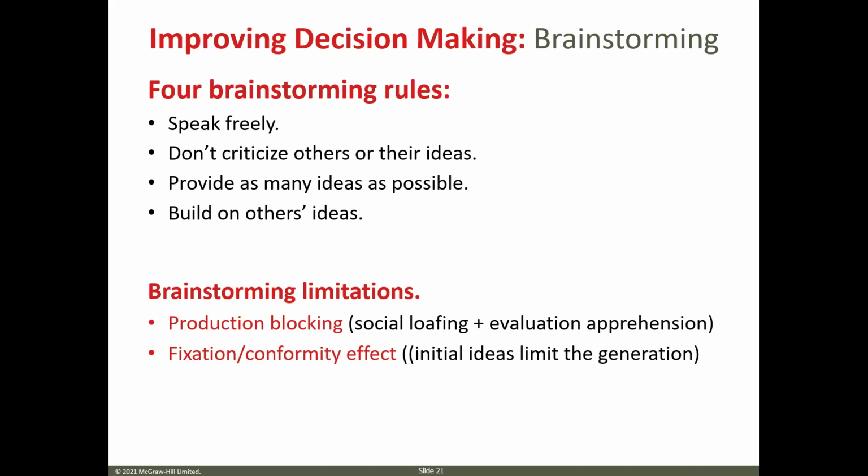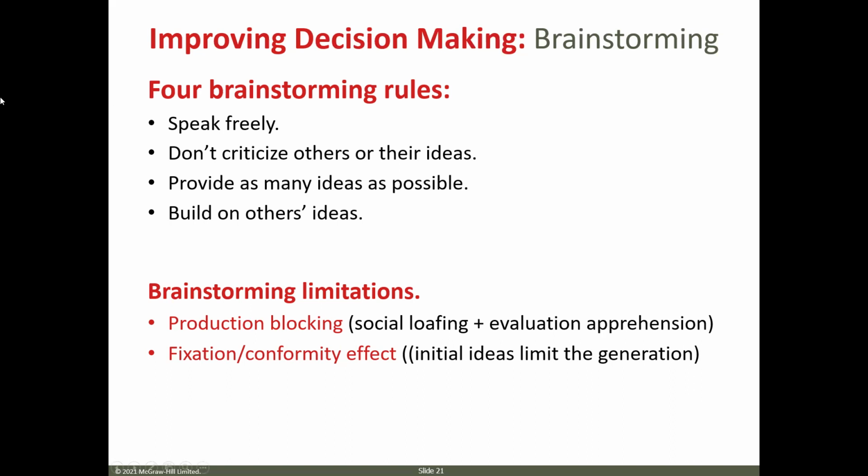However, there could be some problems with brainstorming. Number one is production blocking. Now, what is this? It happens when, if you remember the last two, social loafing might happen here. And social loafing, if you remember, are those emotional or motivational factors where you're not motivated to work anymore.